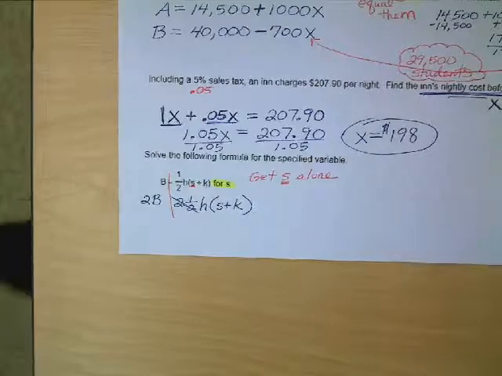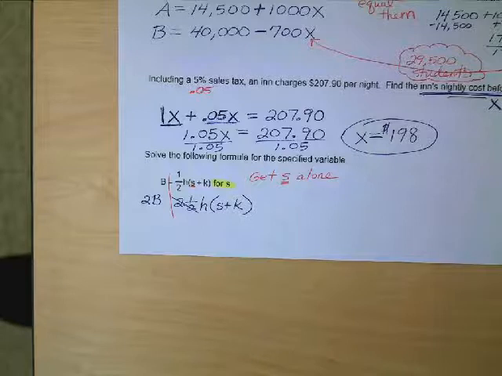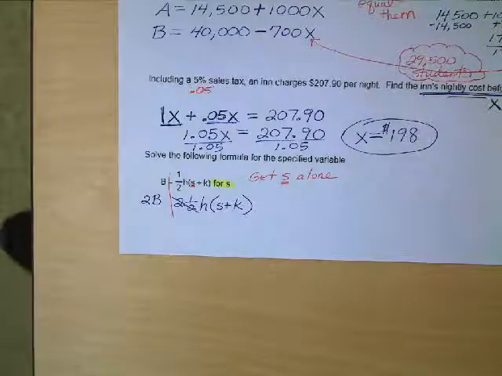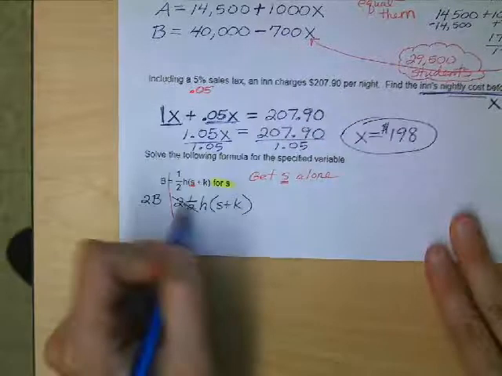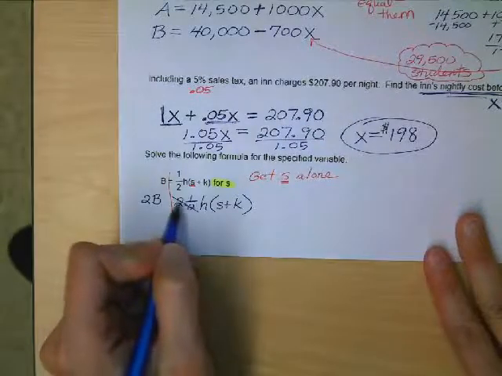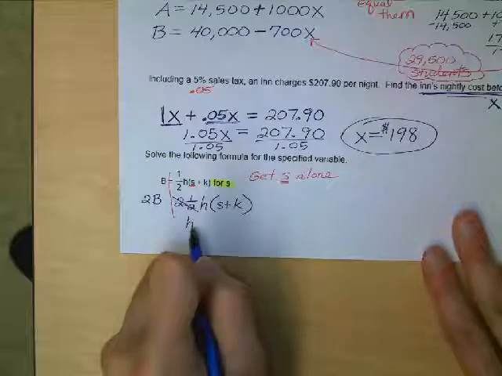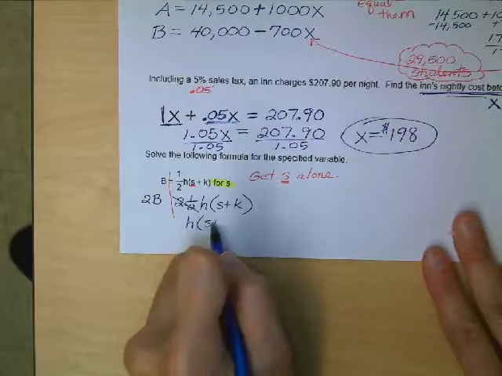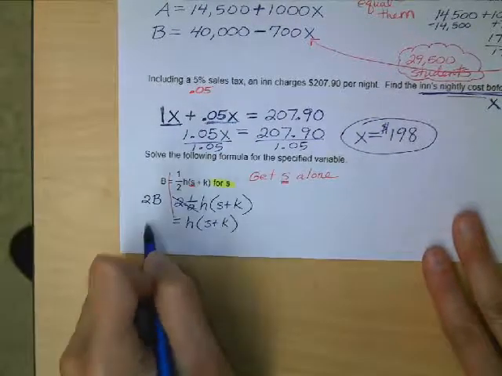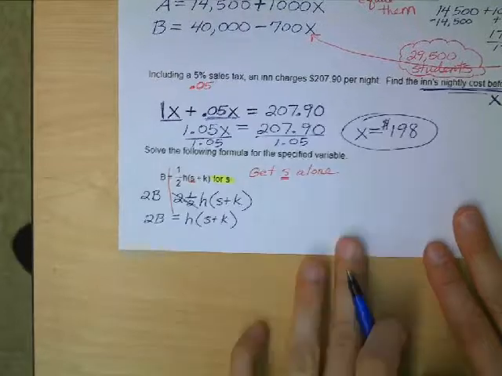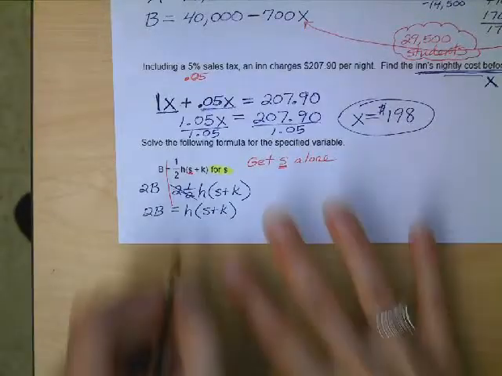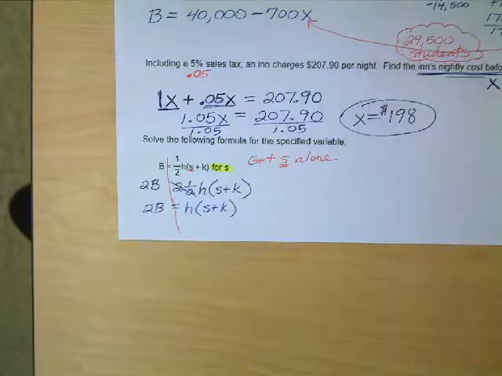Because 1/2 is like 1 divided by 2, so the opposite of dividing by 2 is times by 2, the inverse of that. So if you times by 2, it gets rid of this 1/2. Now you just have h parentheses s plus k equals 2b. How do you get rid of the h that's in front? H times that parentheses.